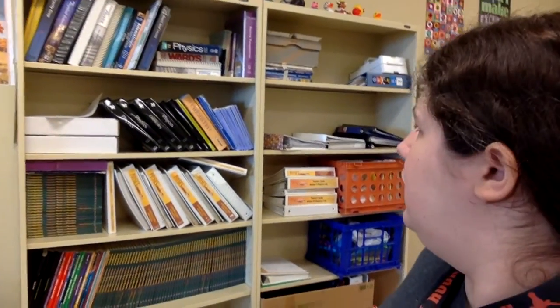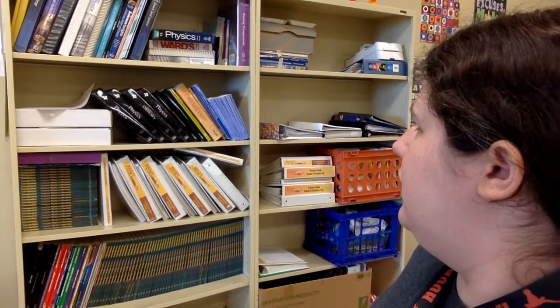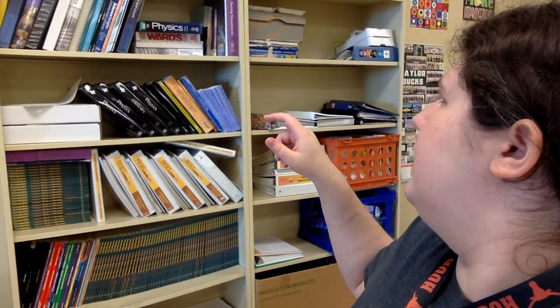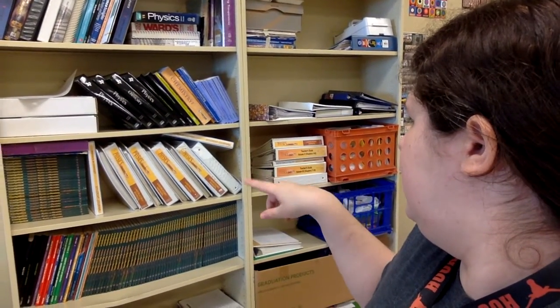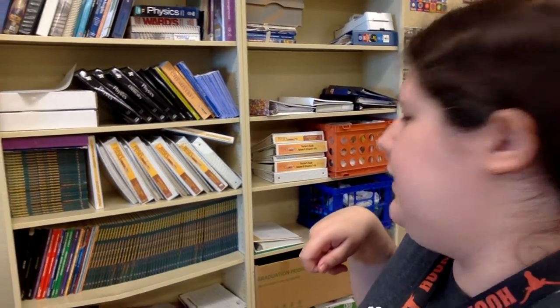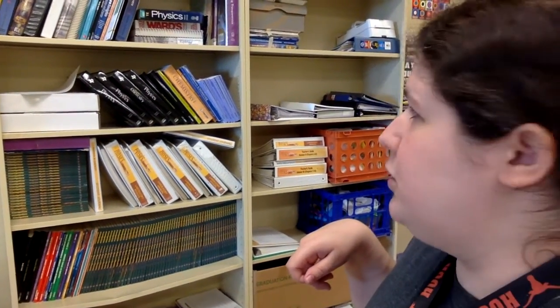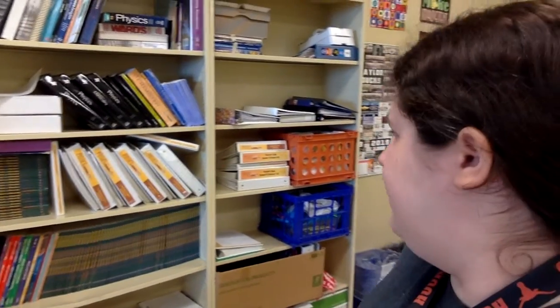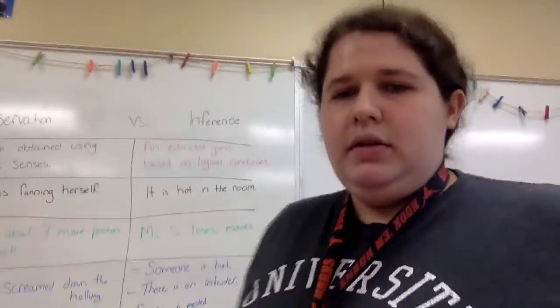There are, let's see, of what I can see, 1, 2, 3, 4, 5, 6, 7, 8, 9, 10, 11, 12, at least a dozen physics books. Chemistry books, there's probably about the same. Okay, there's a lot. So the power of observation allows us to pick up on those minute details that otherwise would just go totally dismissed, okay?